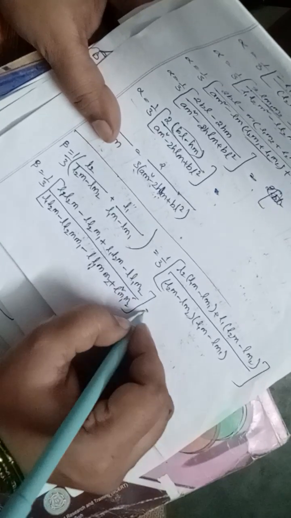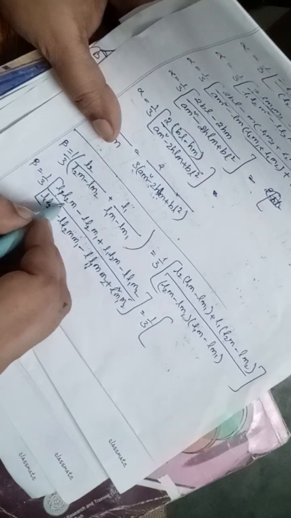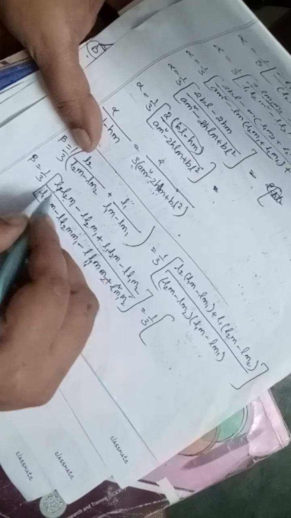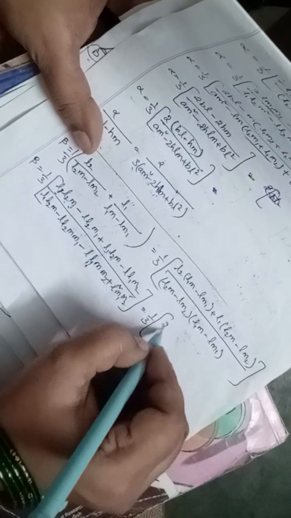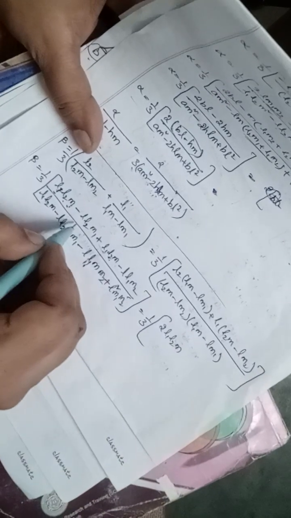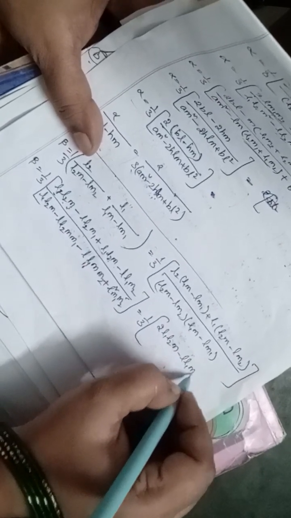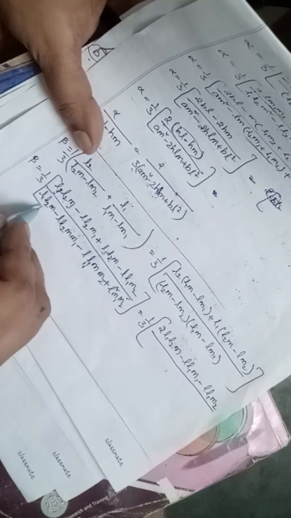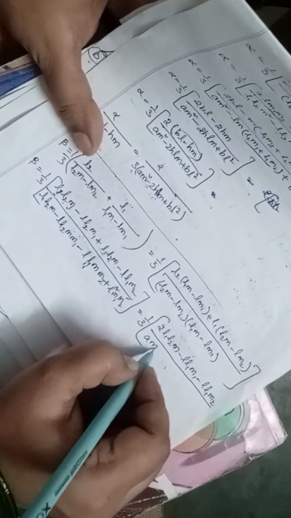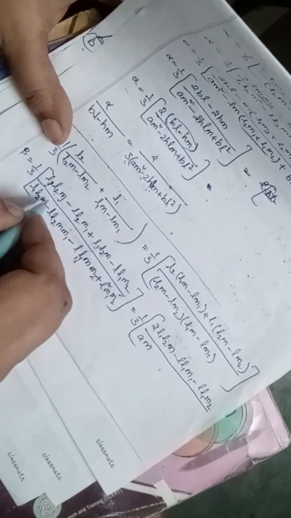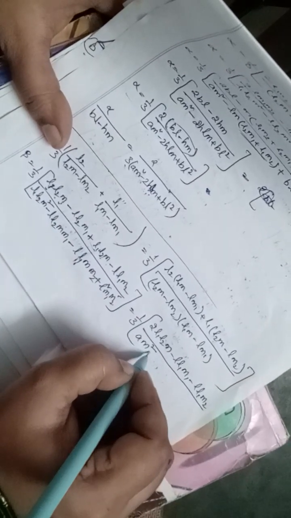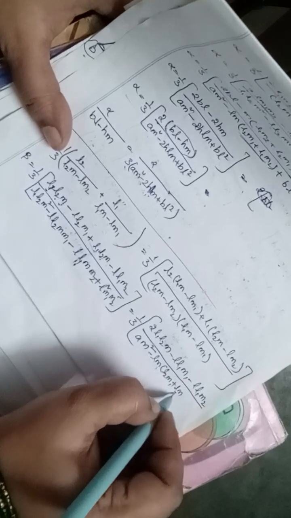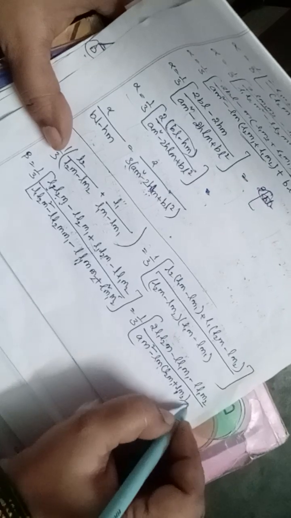That equals 1 by 3 into 2 L1 L2m minus L1 m2 minus L2 m1, by, L1 L2 is A, so AM square minus LM common, L2m1 plus L1m2, plus BL square.